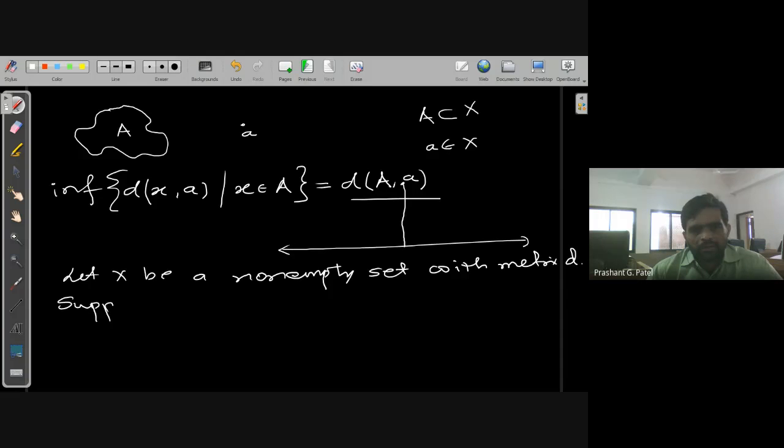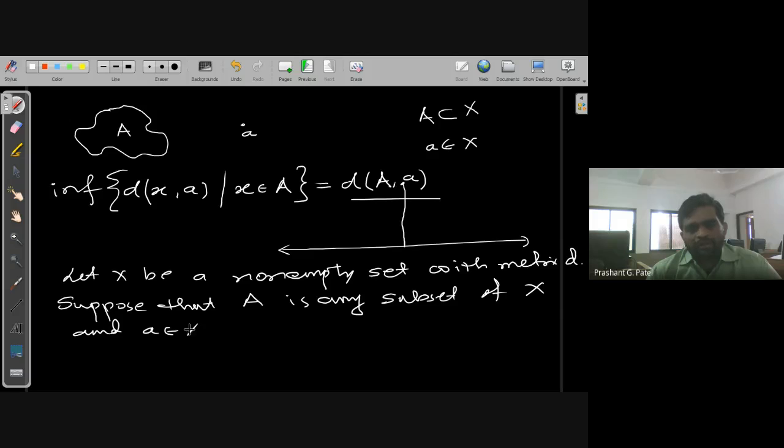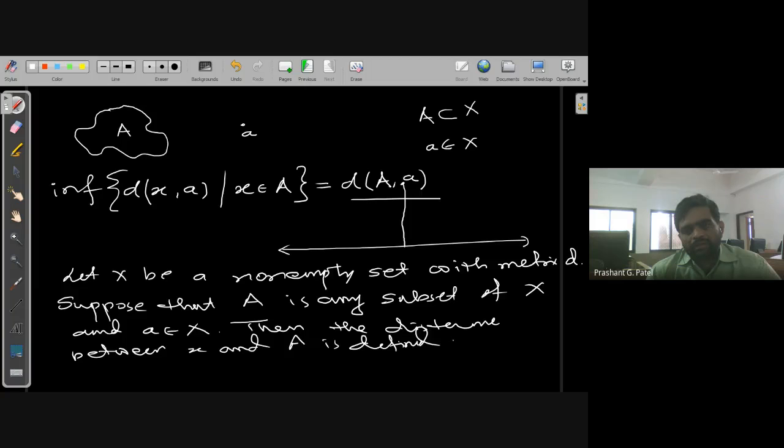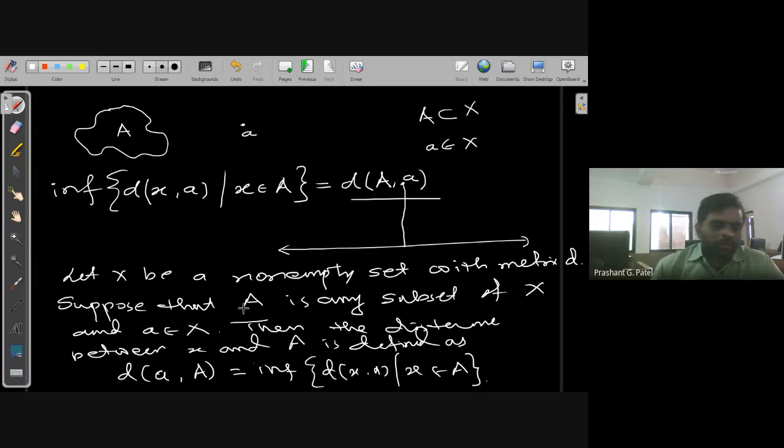Suppose that A is any subset of X and a belongs to X. Then the distance between a and A is defined as d(A, a) equals the infimum of d(x, a), where x belongs to A. So this is the definition of the distance between a point and a set.